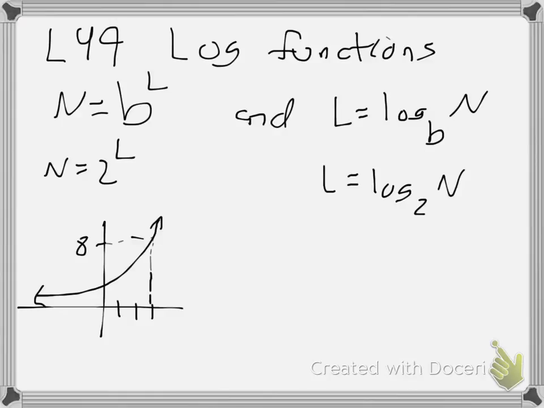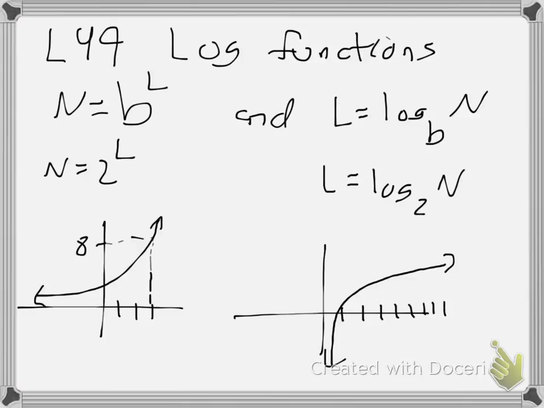Well, if I went over to my log graph, log graphs all of a sudden look like this. It's kind of like they got flipped and turned on their side. And the really cool thing about it is that if I go over 1, 2, 3, 4, 5, 6, 7, 8 and run up, I end up at 3.